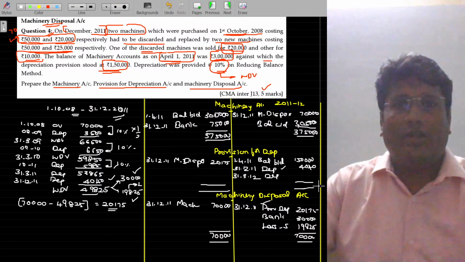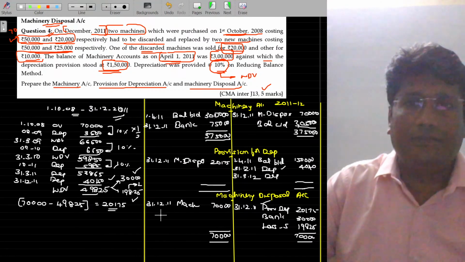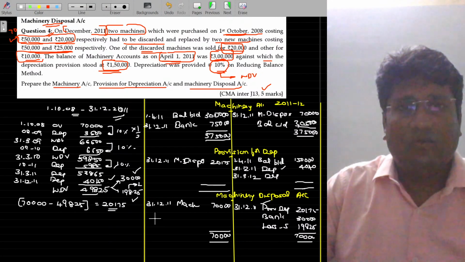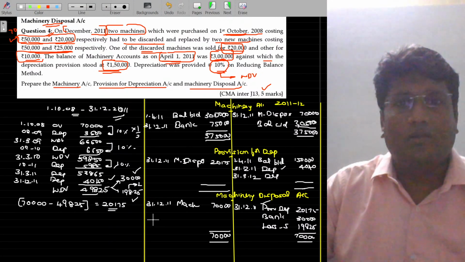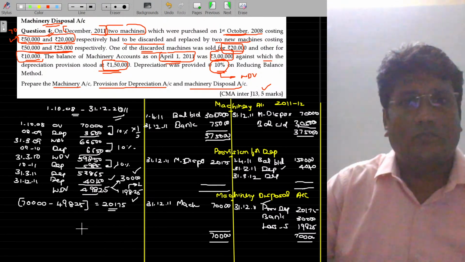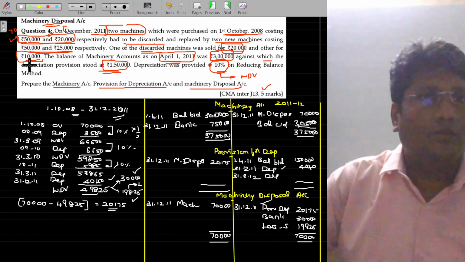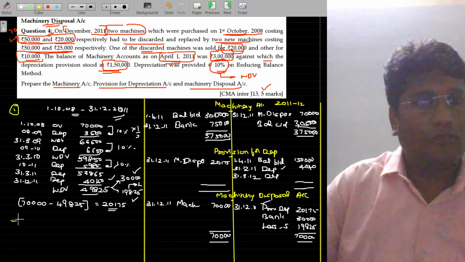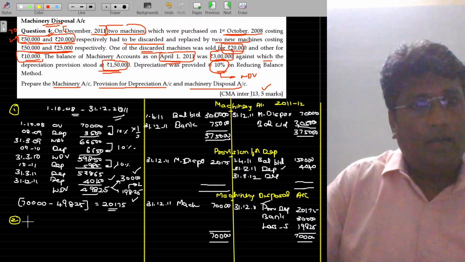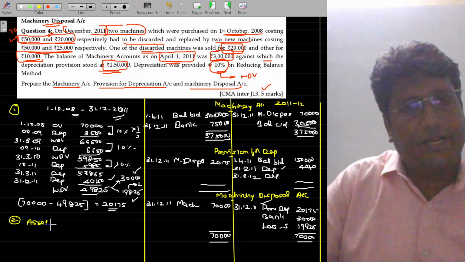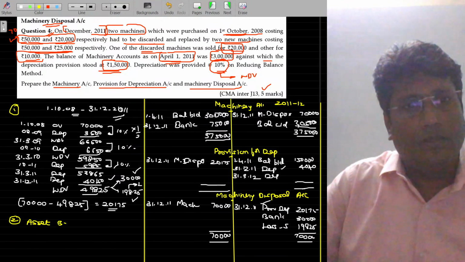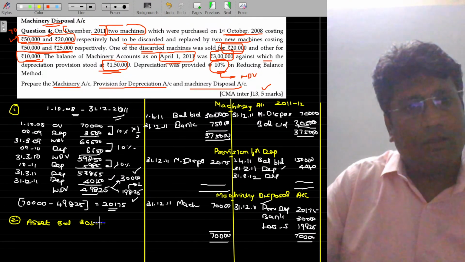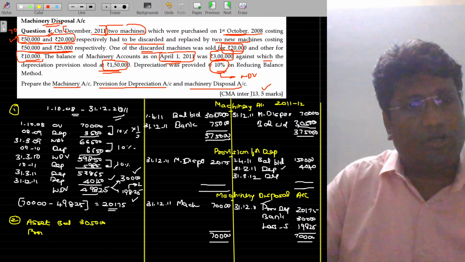Now, find out the balance of provision for depreciation. Yes. This is working note number 1. Number 2. Machinery account balance being 3,05,000 and provision for depreciation account balance.